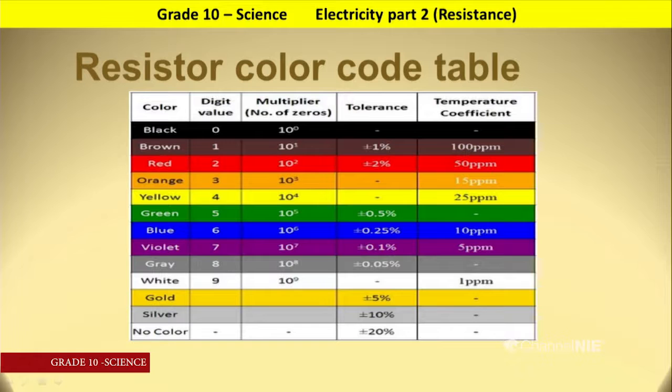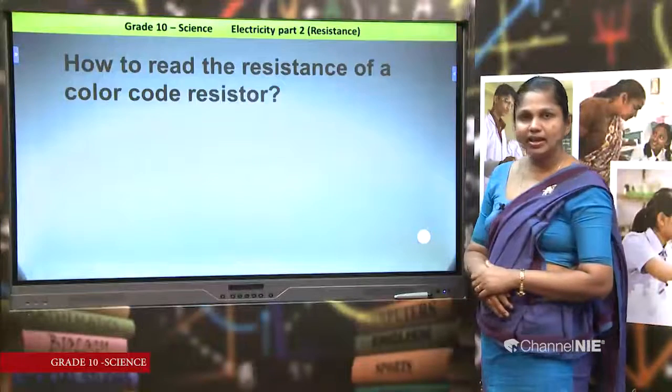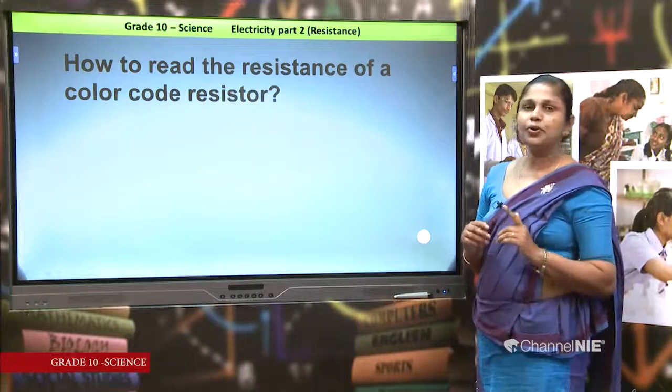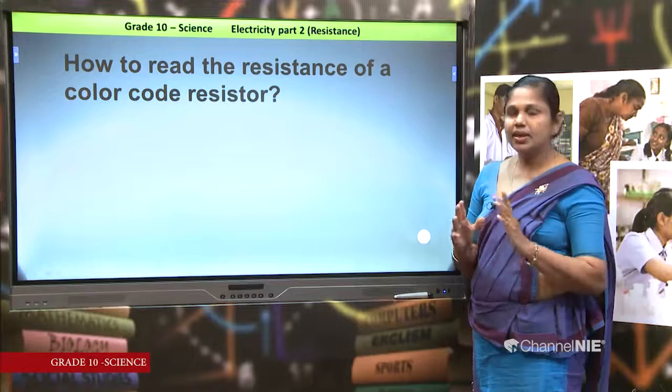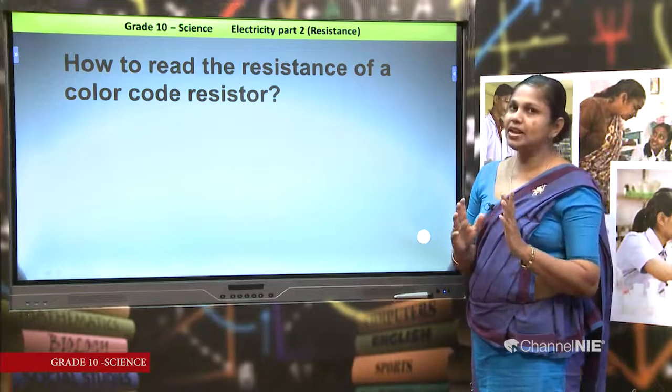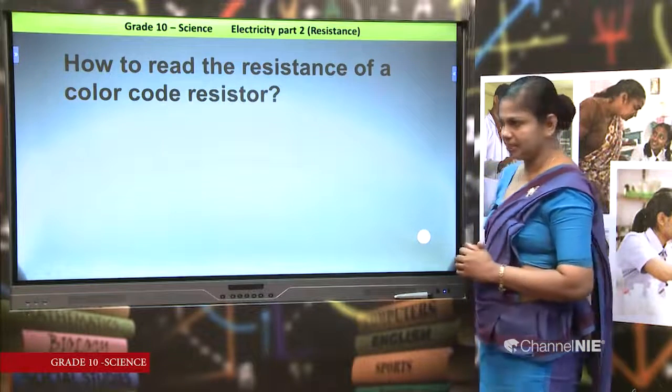Why do we need these color codes, children? To find the value of a particular resistor with color codes. Now we are going to learn how to identify the value of a particular color code resistor.